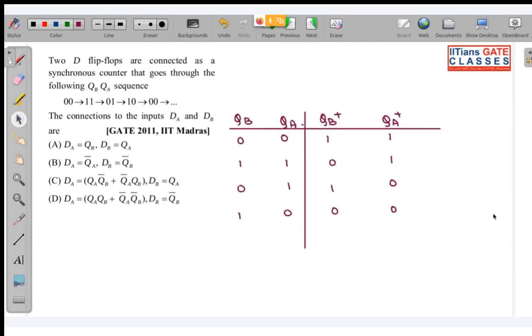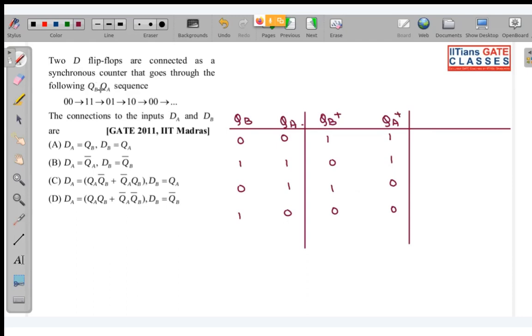Answers? So what is given over here? Two D flip-flops are connected as a synchronous counter that goes through the following sequence QB QA. See, I told you that in the question, always the MSB and LSB will be given to you.